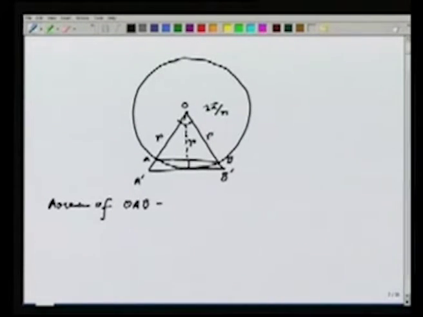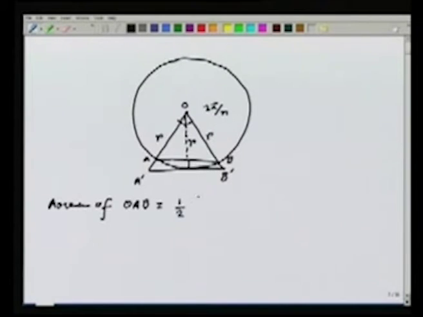What is that area? Well, the half angle at the top is certainly pi by n, and then I know this length is r, that is the hypotenuse, so the area is half times the base.